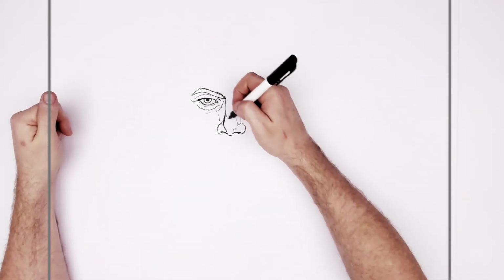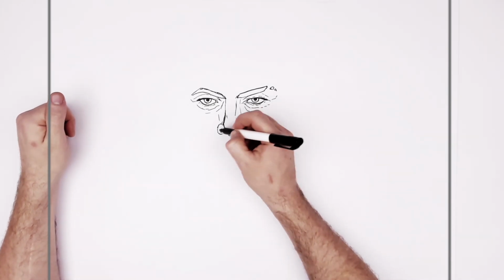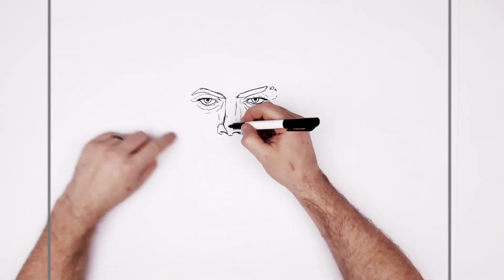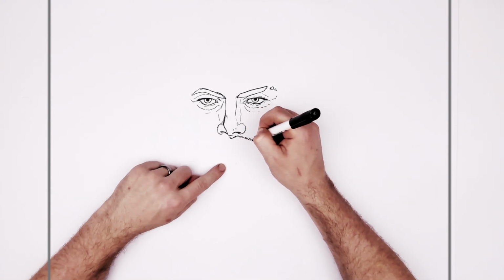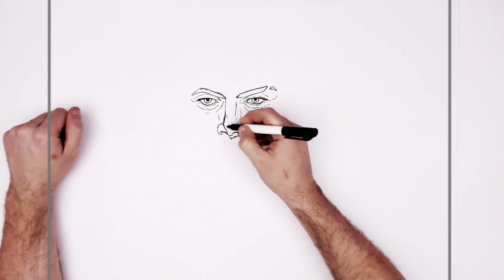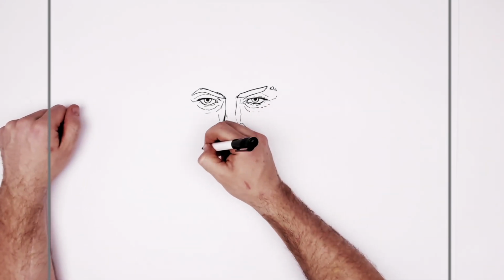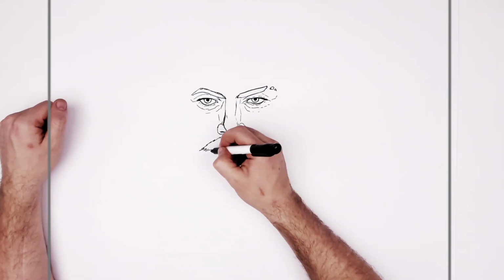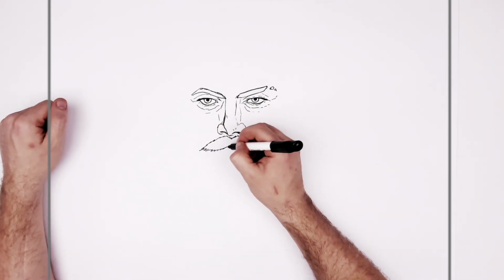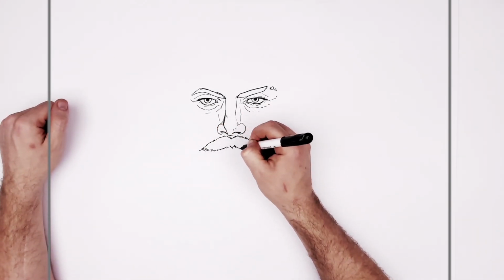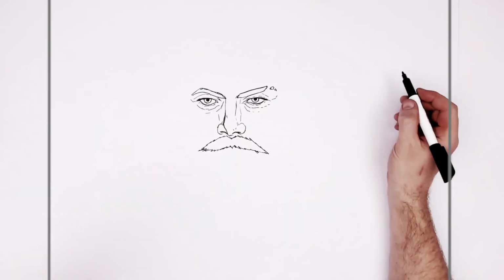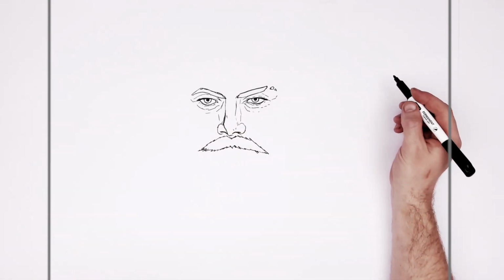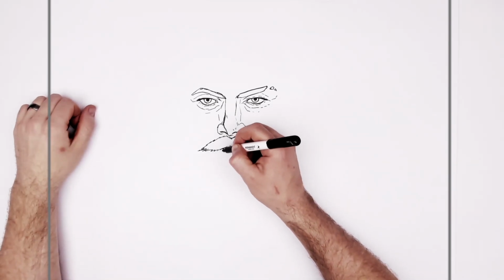So it seems to be like a big beard, right? Real hairy. So just underneath the nose, you've got the start of this mustache. We'll do that first, right? Like a big old mustache, coming around here. Right, his mouth then, just underneath the mustache.